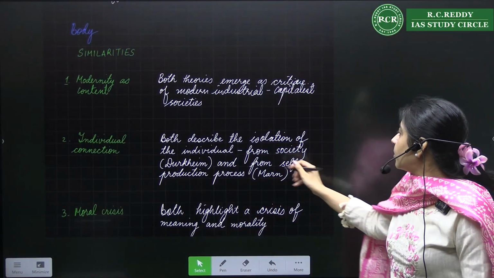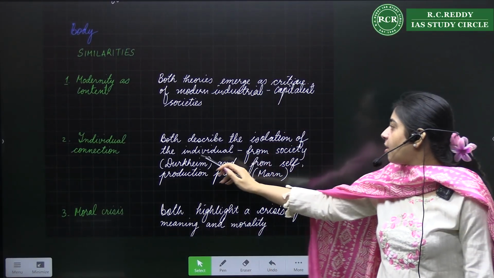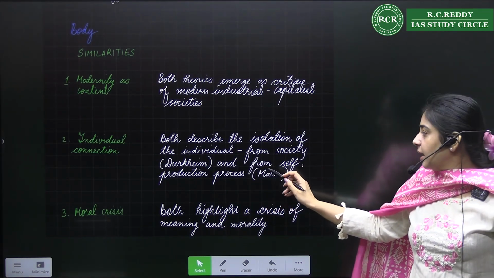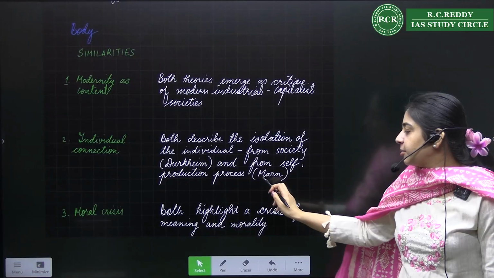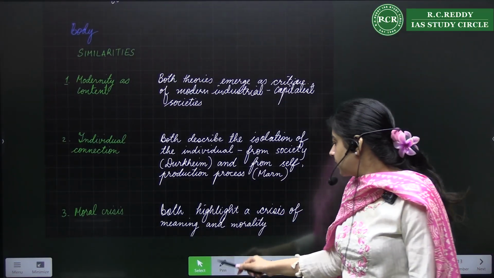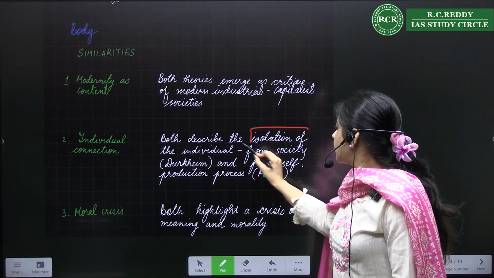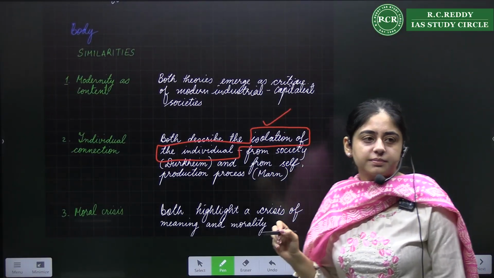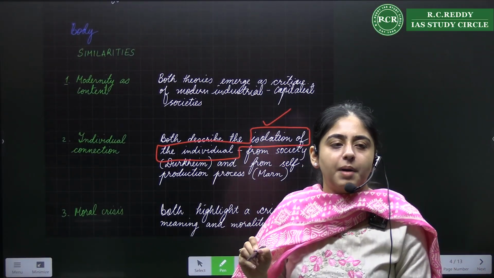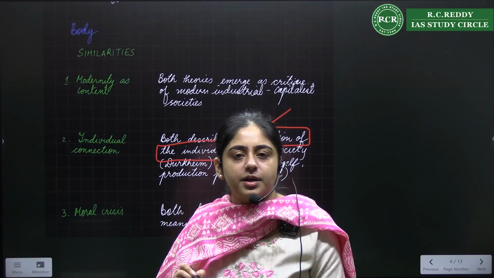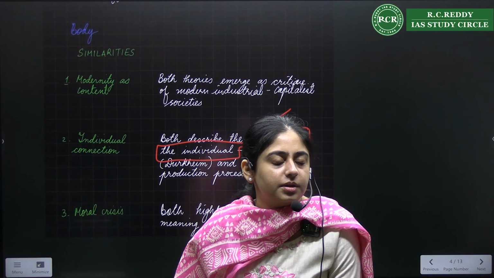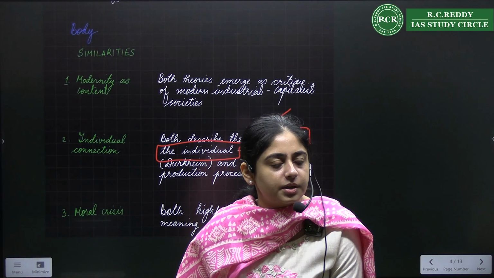Okay. So both describe the isolation of the individual from society, though one is talking about self and the production process, but the main similar point is they're talking about isolation. In Marx's view, it is because of the production process, right? Where there is no control, and the work is very monotonous.